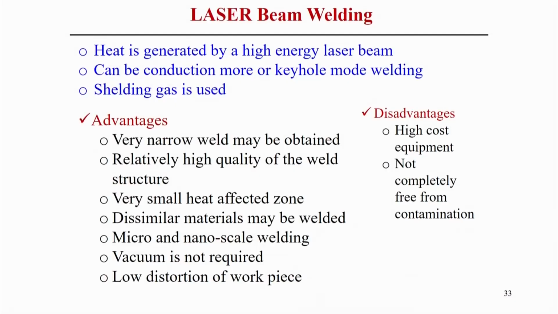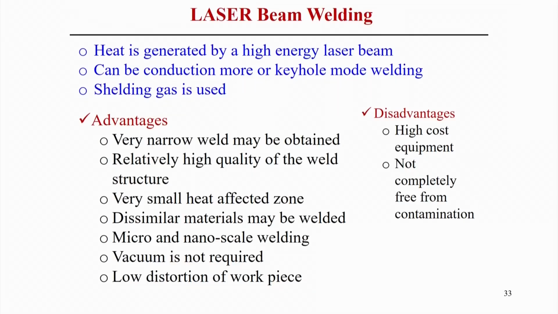So, the laser beam welding process is one of the most precisely controlled heat source processes, and when there is a requirement of very high precision, that means a limited amount of molten zone and heat affected zone, then this is one of the best solutions. Let us see the laser beam welding process.